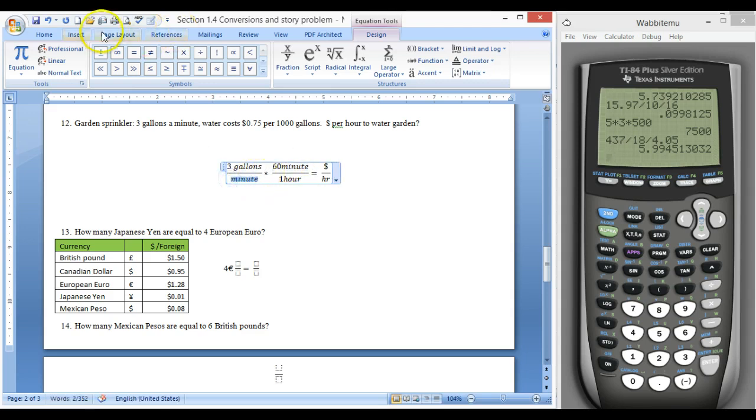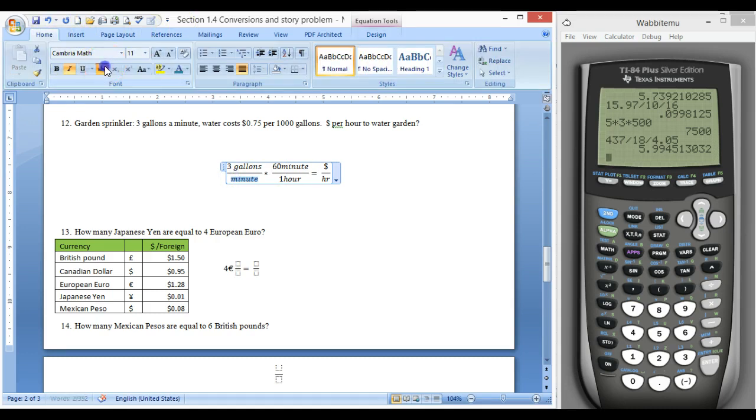So now I can cancel out a minute on the bottom to the minute on the top, and I've replaced with hours. But I'm not done yet. I have gallons on the top and I want dollars on the top. So I go to the next conversion here. I know that 75 cents is equivalent to every 1,000 gallons. So here I'm going to multiply by another fraction.